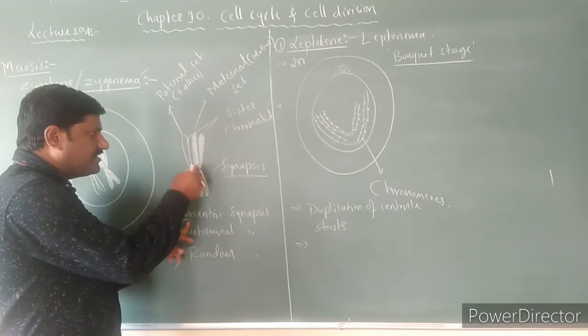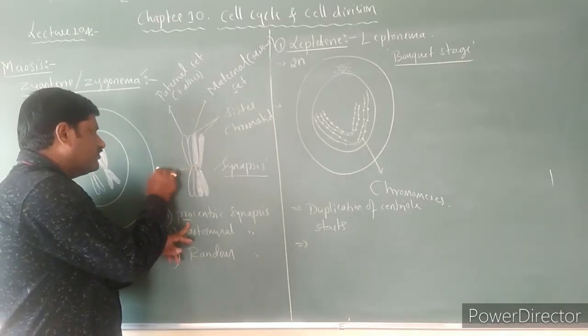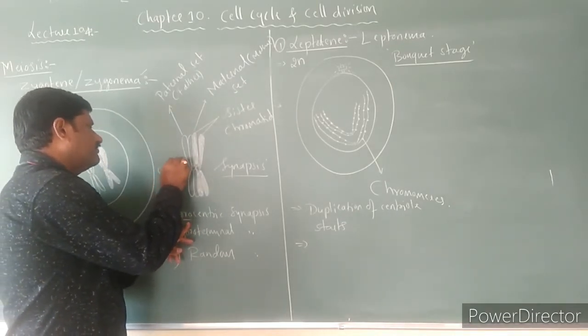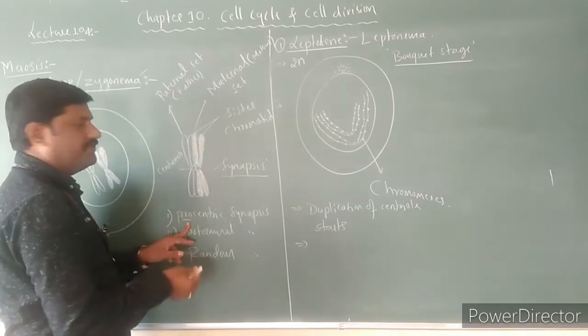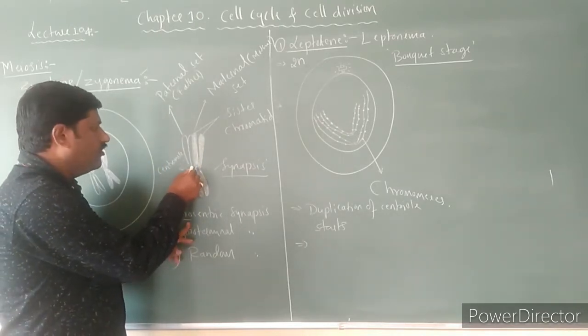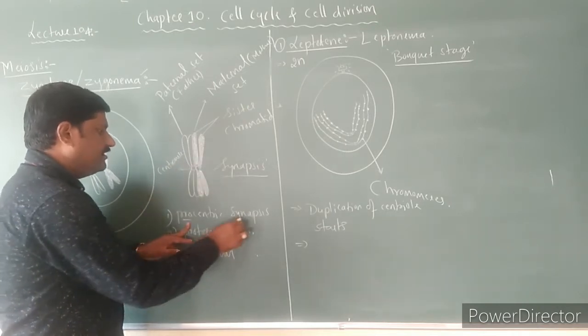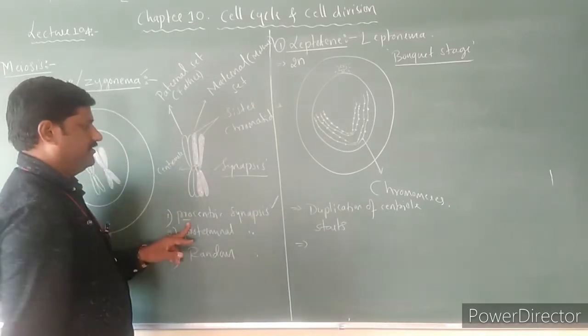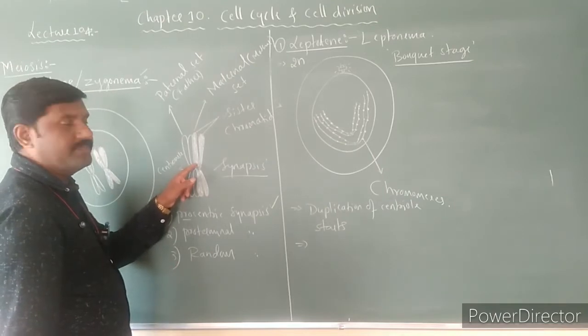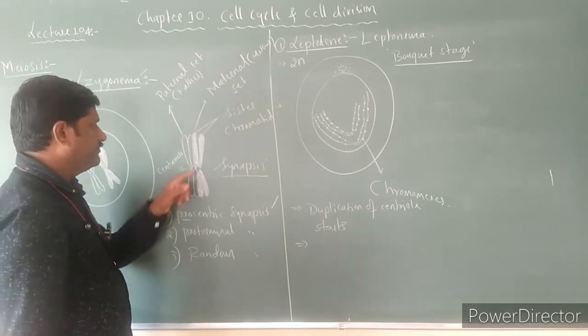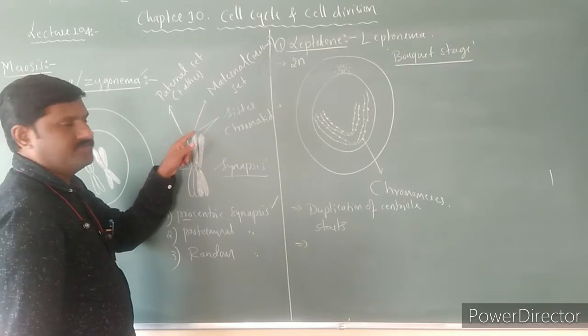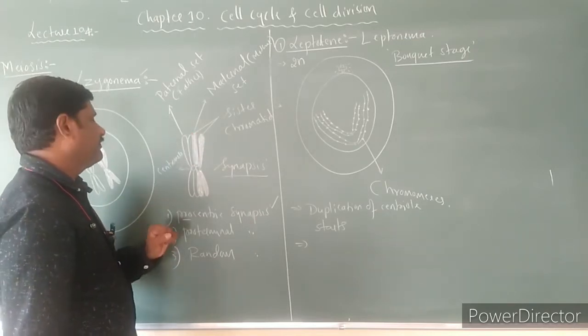First the overlapping starts from the centromere. If the synapsis starts from the centromere side, then it is said to be procentric synapsis. It means attachment initially takes place near the centromere, and later the gradual attachment occurs.